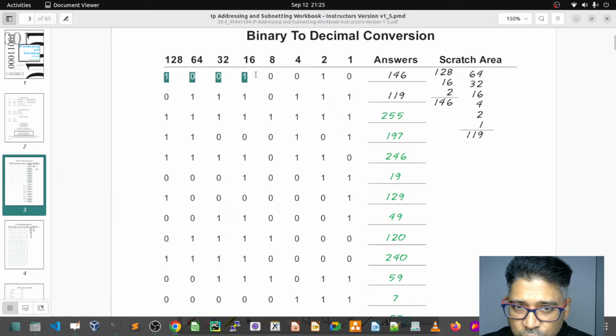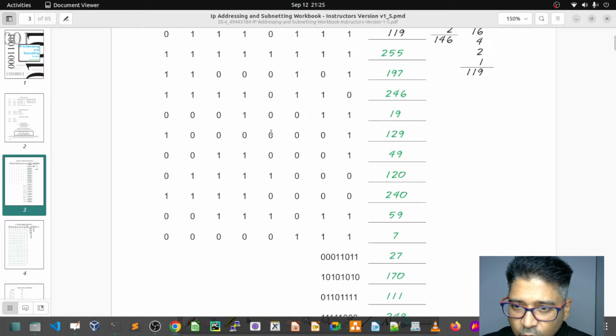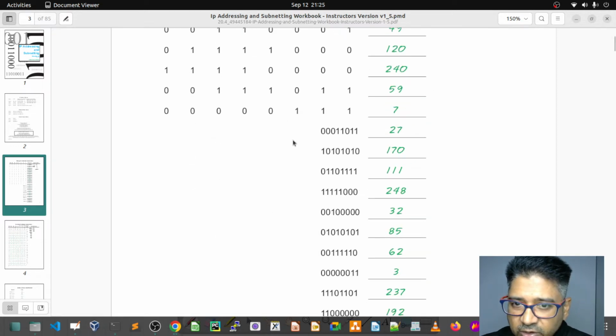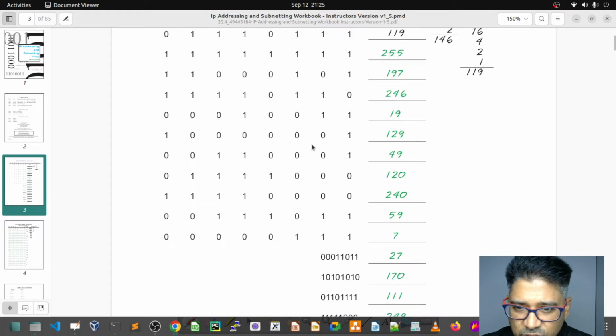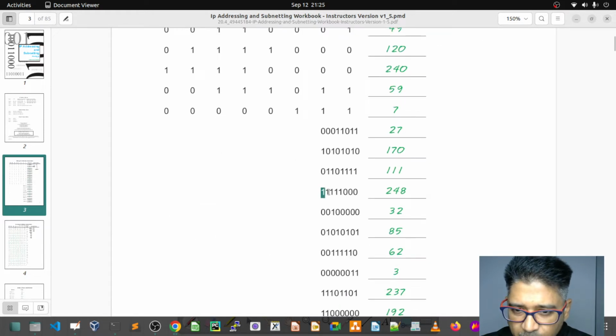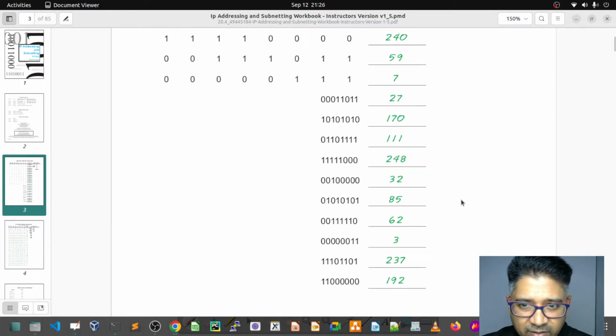The positions that are occupied have their addition and you will get the value. So please revise this. Whenever you want to exercise, take any one example, do the exercise, and verify your answer, which is available.